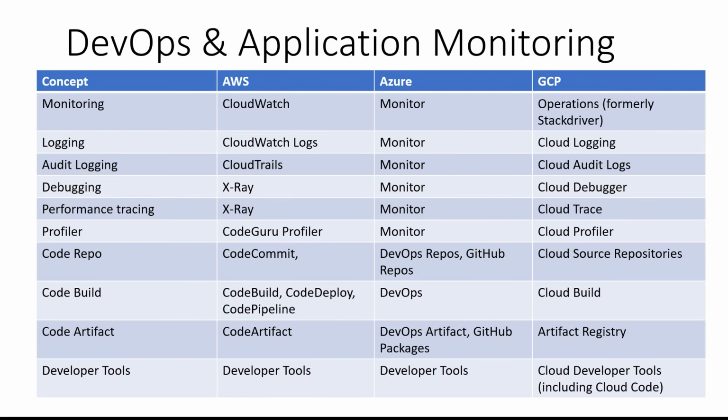In that space, all the providers have integrations to monitor various other products. AWS has a tool called CloudWatch, Azure has Azure Monitor, and GCP has Operations; its old name was Stackdriver, and they recently changed it to Operations.